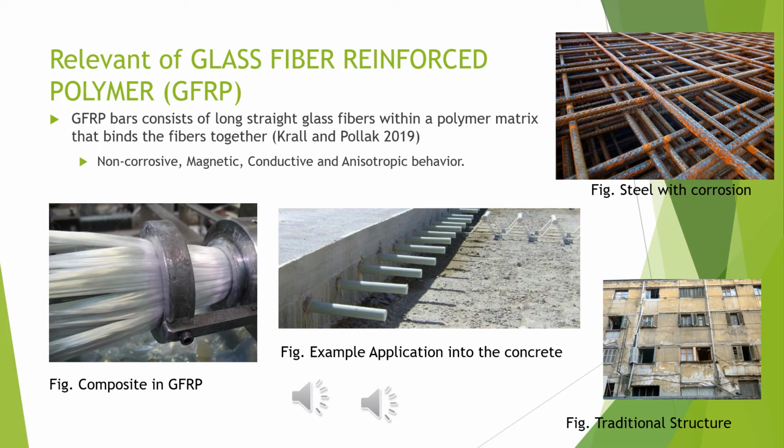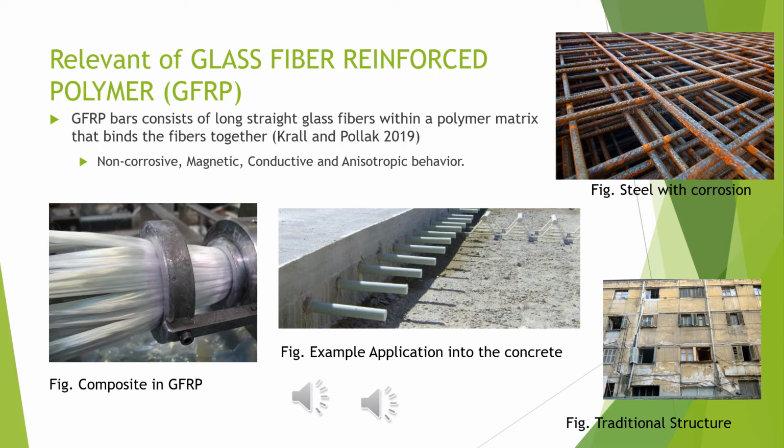In the different images, you can see the difference between the composite in the GFRP and the application in the concrete as bars, and the principal problem with the use of steel, which is corrosion.